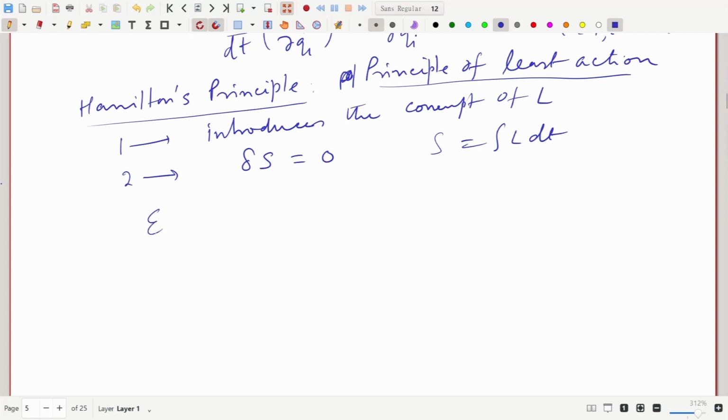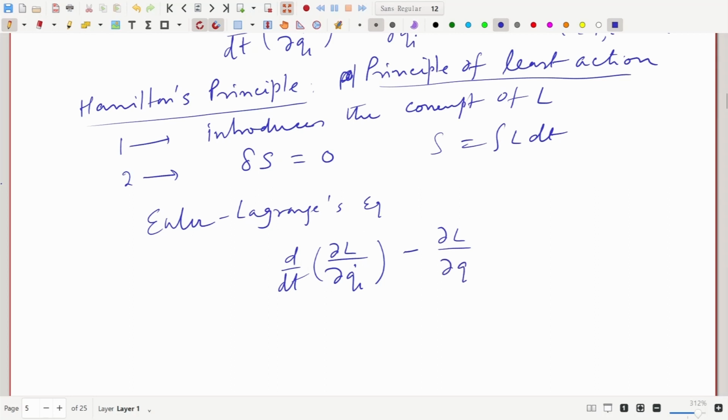Using Hamilton's principle we found the Euler-Lagrange equation, which says d/dt of ∂L/∂q̇_i minus ∂L/∂q_i equal to 0.